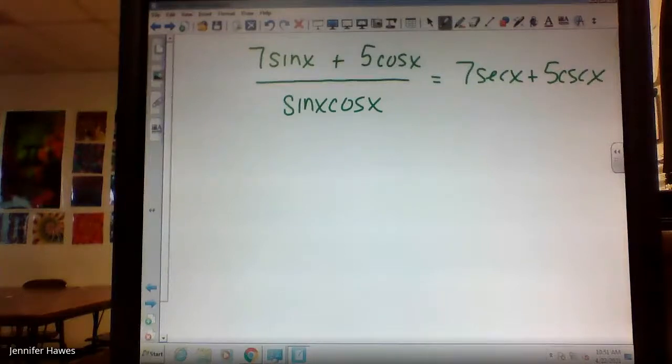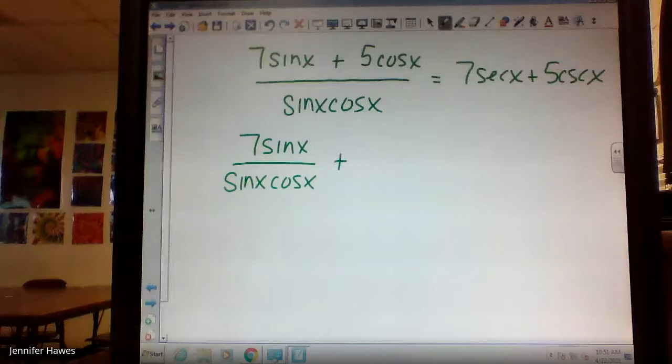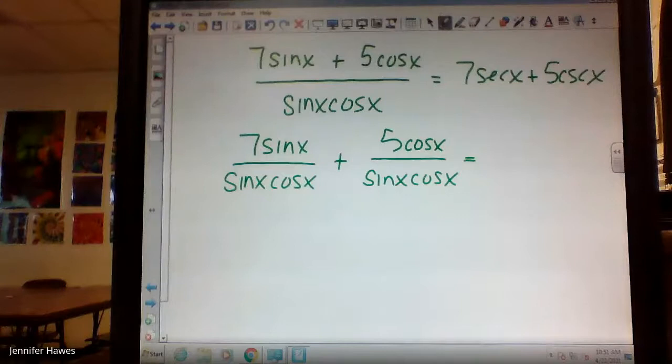With this, what I did was bust apart this fraction right here. So I just tore it apart, what it would look like before you added.